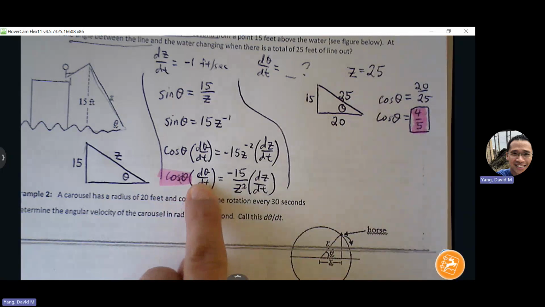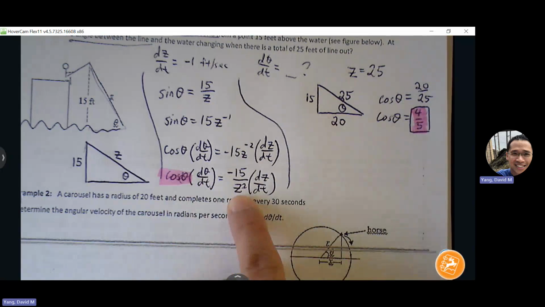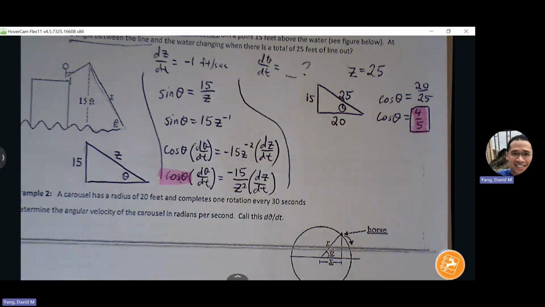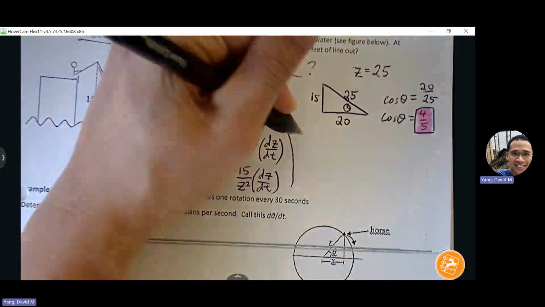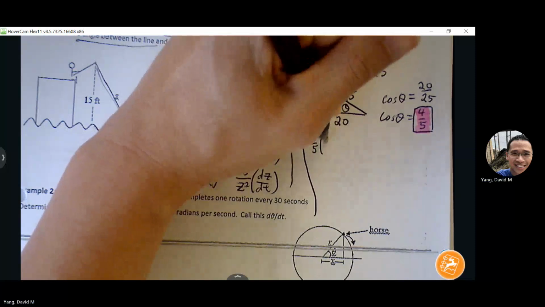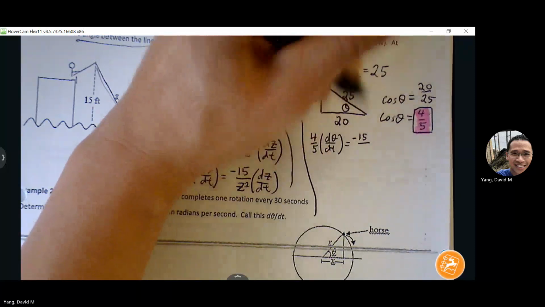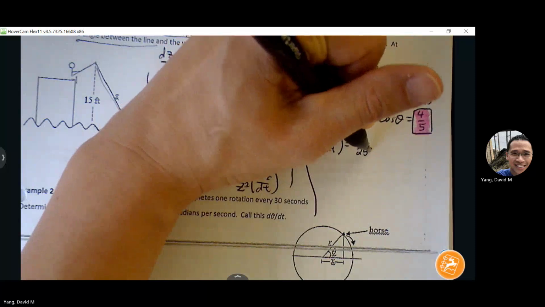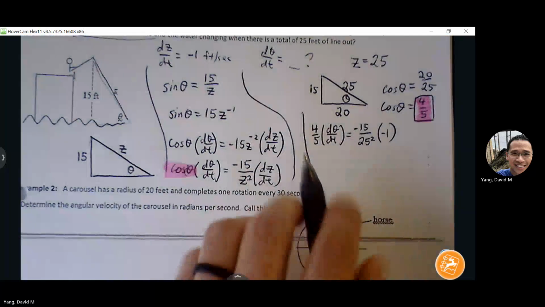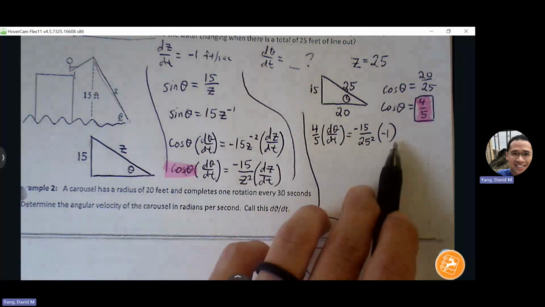Okay, so now everything is available for us to solve for d theta dt. So now we're going to put everything in, right? 4/5 in for cosine theta, 25 in for z, and dz dt is -1, and the rest is our calculator. Okay, so let's see if we can get this all cleaned up and use our calculator to get to our answer here. So cosine theta, 4/5. Okay, we can divide by 4/5, which is the same thing as multiplying by the reciprocal.